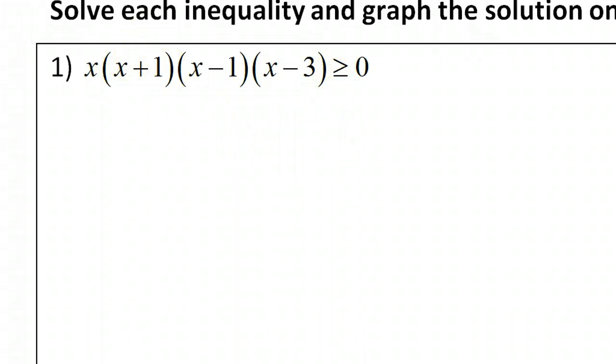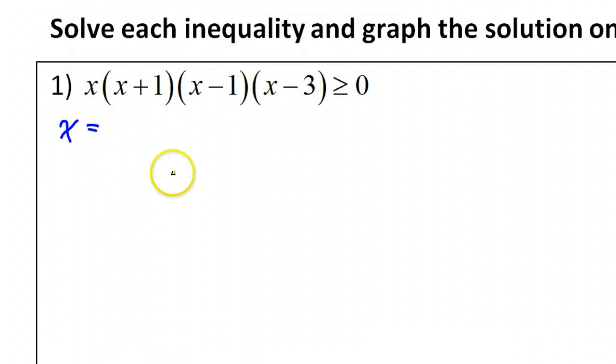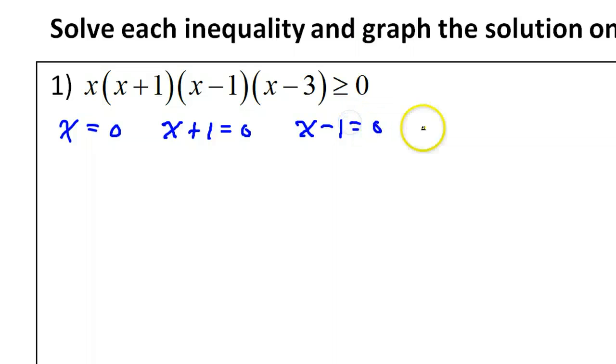So first I have to find the zeros. I would find that by setting each one of these equal to 0. So that's just going to be x equals 0, x plus 1 equals 0, x minus 1 equals 0, and x minus 3 equals 0.